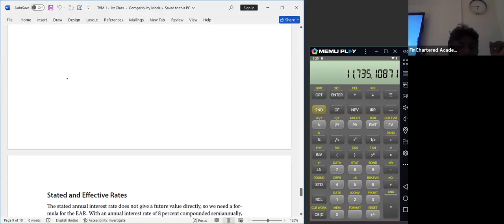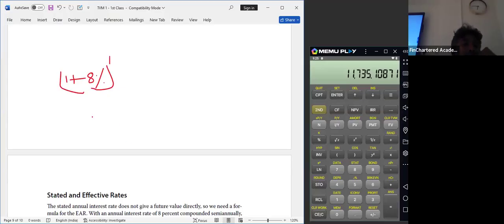So let's say on the one hand, you have 1 plus 8%, whole to the power 1.